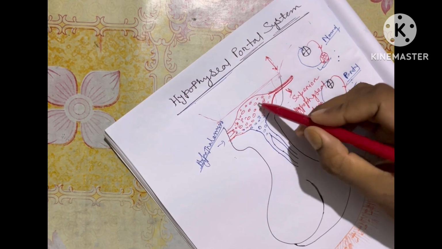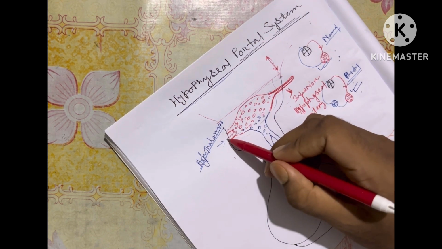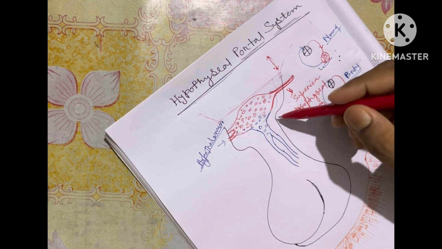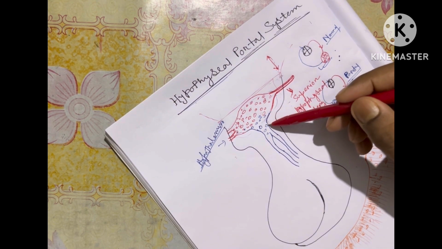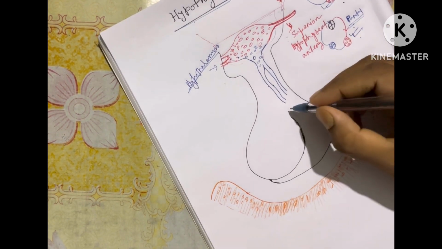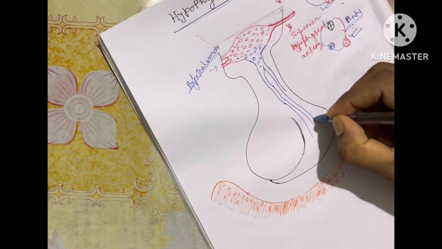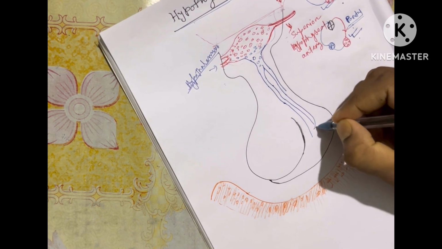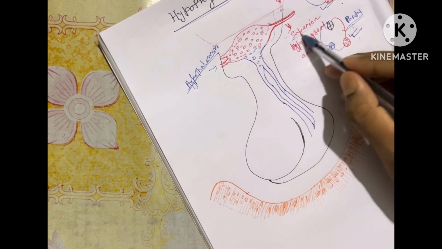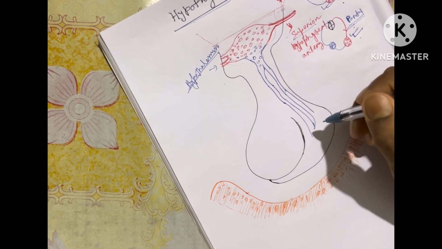When it forms a capillary network inside the hypothalamus, it slowly transforms into venous circulation, and those veins come down and form another network over here.